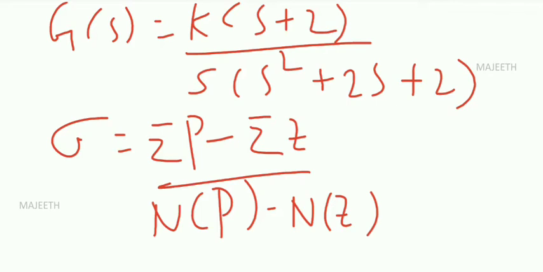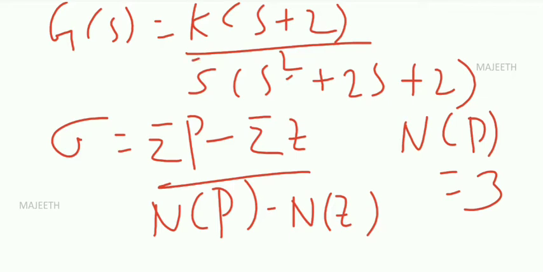How many poles are there? It is a third order system, so we have 3 poles. Number of zeros, it is only 1 zero. So we have 3 poles and 1 zero.